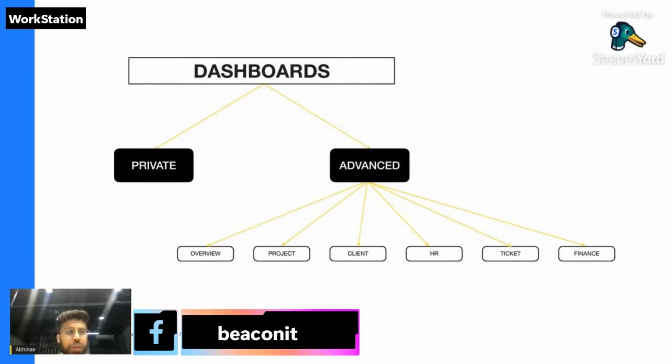And then coming to the advanced dashboard, this advanced dashboard is visible only to the admin or depending upon the permissions you have configured for that role. There is first the overview dashboard, second is the project dashboard, client dashboard, then HR dashboard, tickets, and the last one is finance.